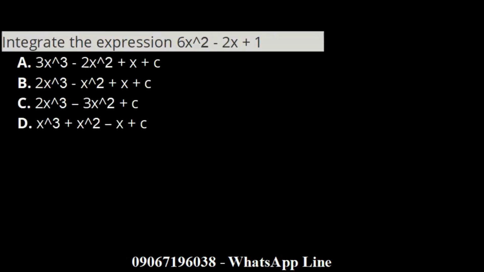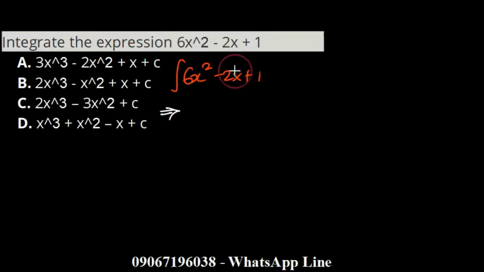In the next question, we have to integrate the expression 6x raised to the power 2 minus 2x plus 1. So what do we do from here? Remember we're integrating. So this is going to give us the integral.